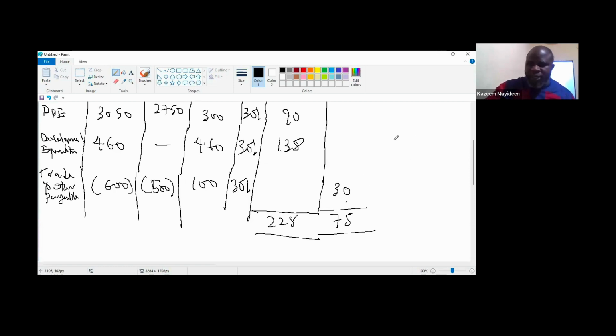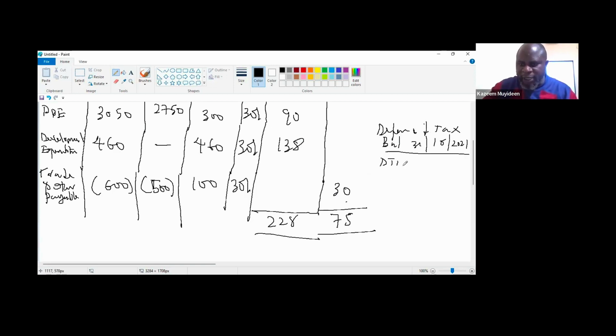This is our deferred tax balance as at 31st October 2021.